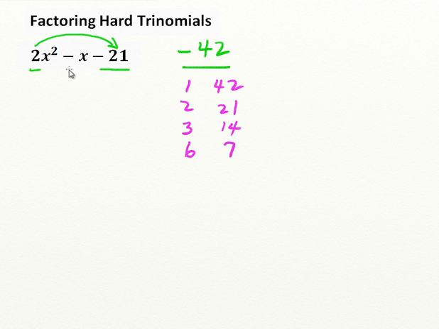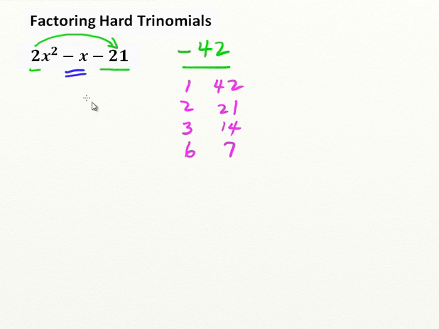Well, let's draw our attention back to the trinomial and look at this middle term of negative 1x. This is telling me the result of the addition of these two factors. So I need to choose two factors, remember, one positive and one negative, that when I combine them, I'm going to have an answer of -1.